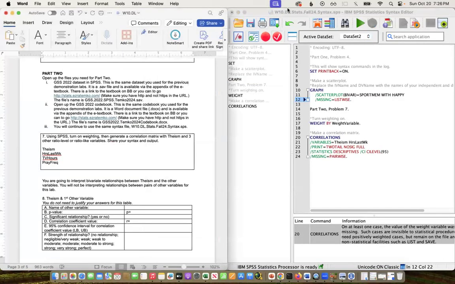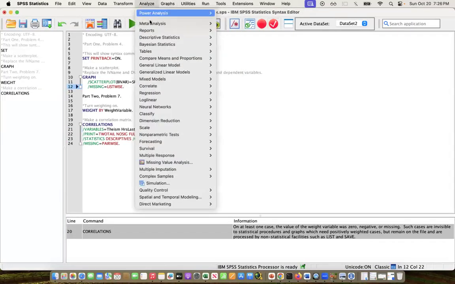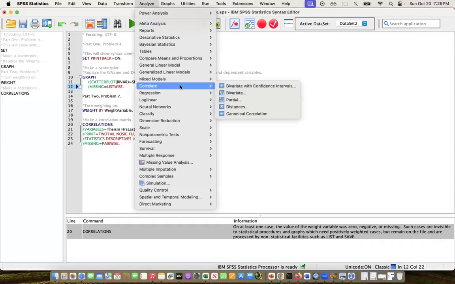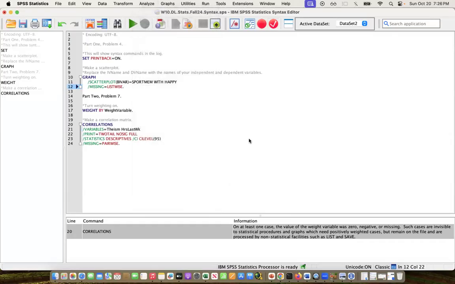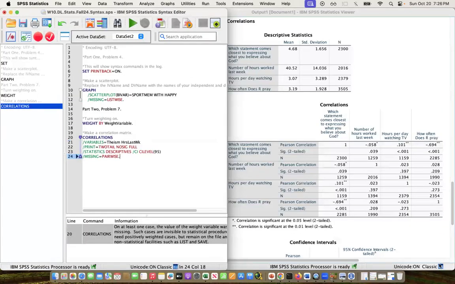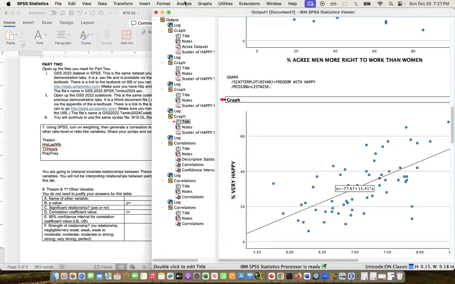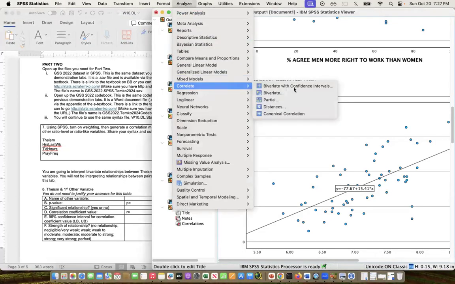If I'm doing my drop-down menus, then I'm going to go Analyze, Correlate, and Bivariate. Oh, do I ask you for confidence intervals? Let me see. Yes, I do. Okay, so I'm going to do Analyze, Correlate, Bivariate.